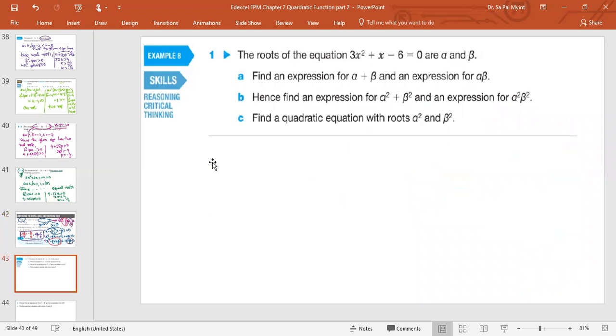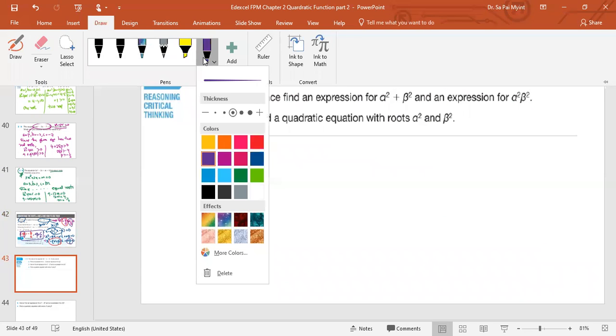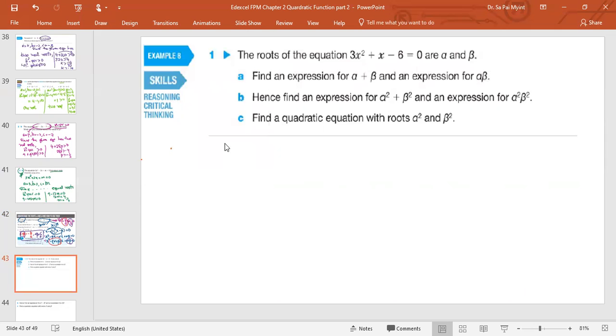Example 8, number 1. What is the question? The roots of the equation 3x squared plus x minus 6 equal to 0.